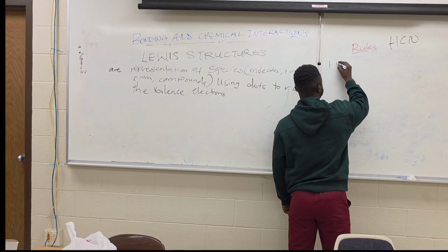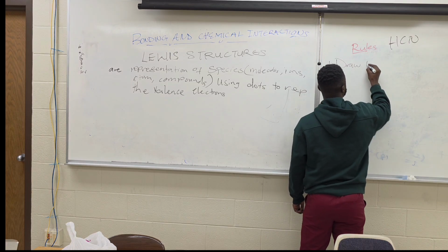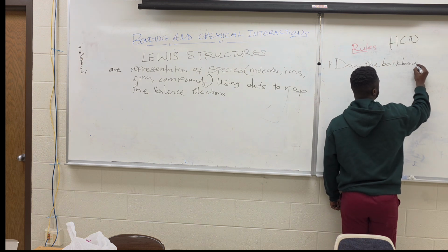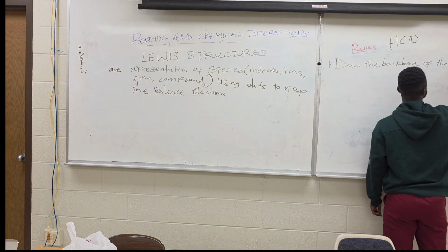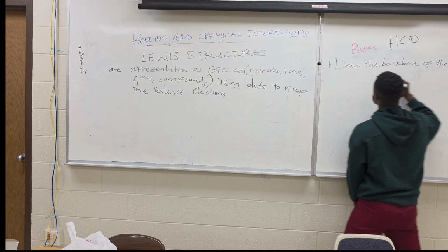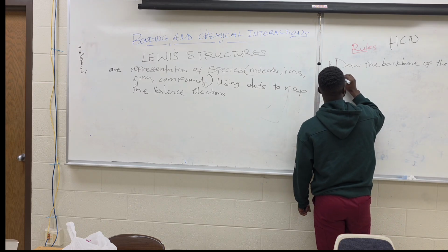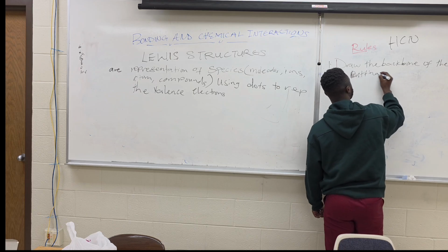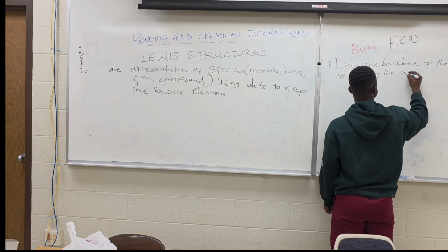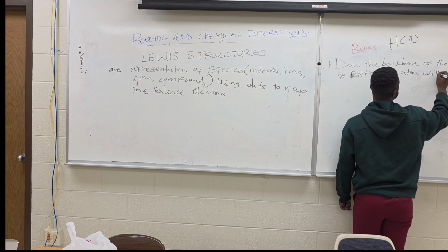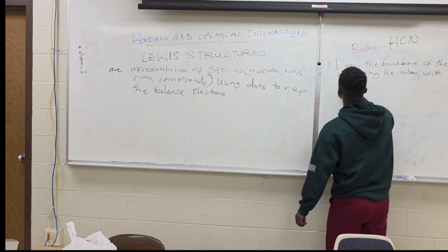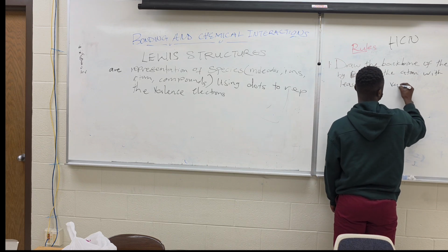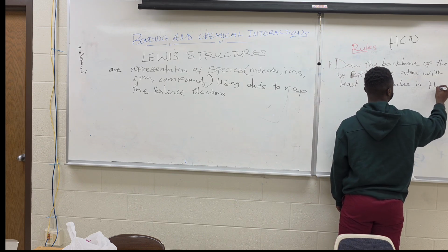So rule number 1 is draw the backbone of the species by putting the atom with the least electronegativity value in the center.